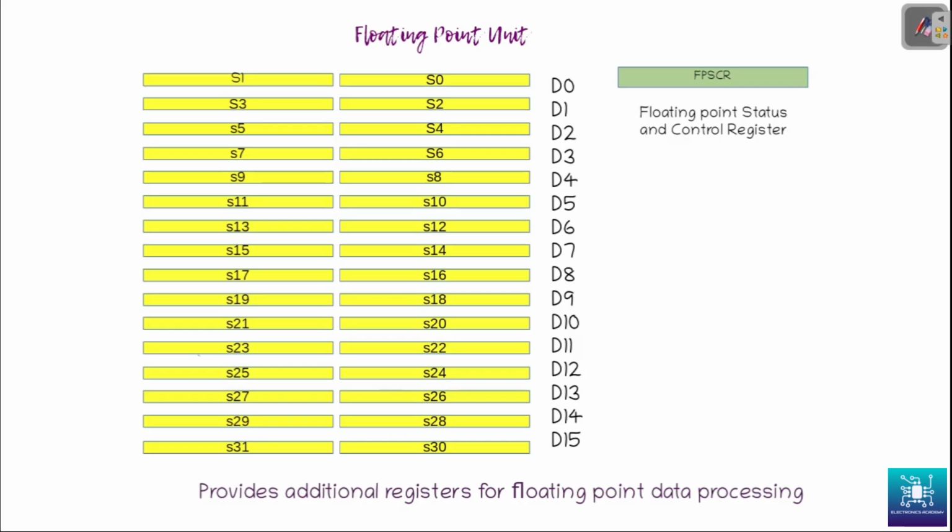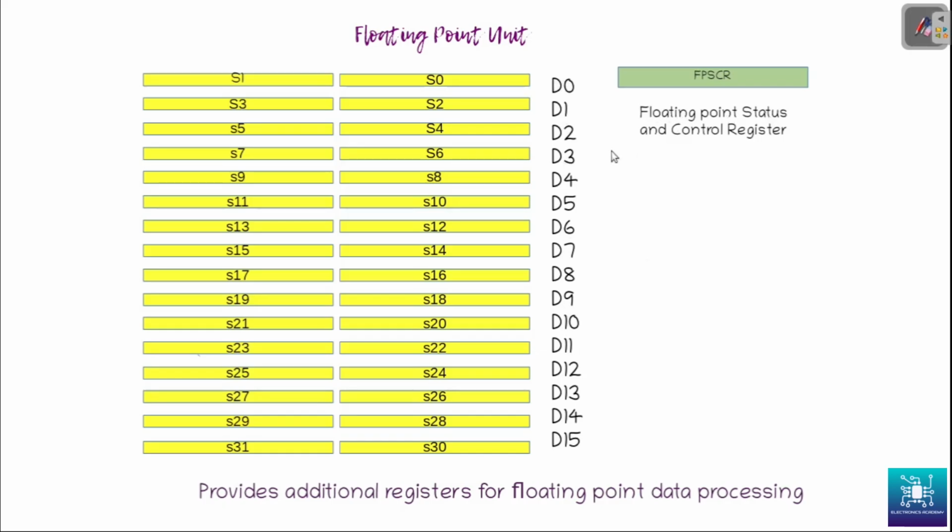Now, not only are the registers that you saw available, there are other registers also which belong to the floating point unit, and there are 32 registers which belong to the floating point unit, and each of them again are of 32-bit width, and these two registers can again be combined together, and they are called D0, D1, D2, D3, and so on.